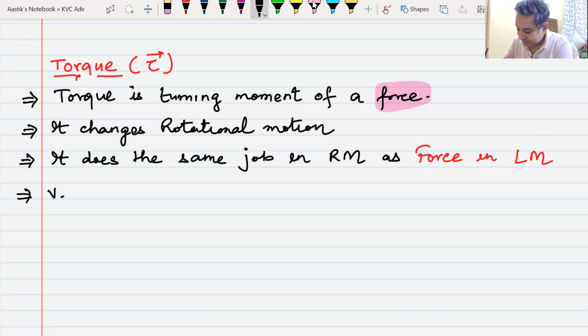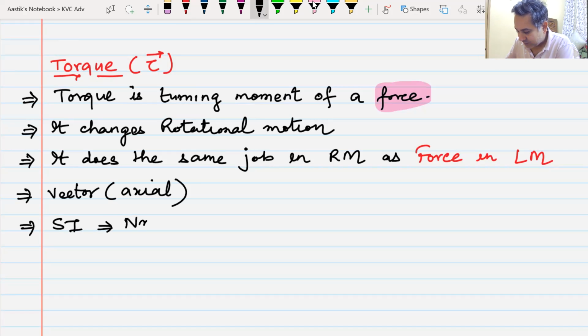It's a vector quantity, and this is also an axial vector. The direction is given by an axis. The SI unit is Newton meter. You can find out the dimension, I think. This is what we must know about torque. It's the turning moment of a force.